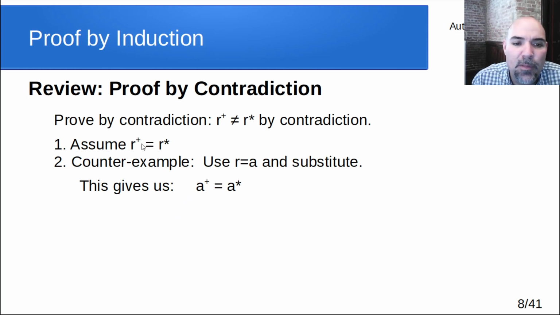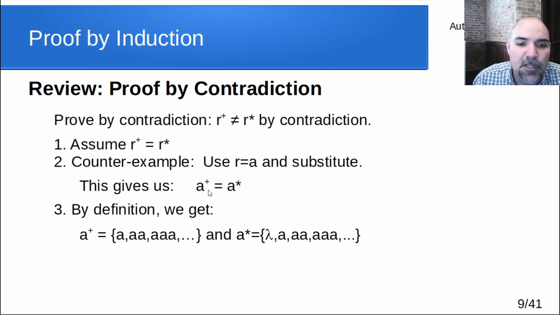So rather than R plus equal R star, we have A, which is actually a symbol from an alphabet, A plus equal to A star. And by definition of the positive closure and the Kleene closure, we end up with A plus being that, A star being that. So the only difference is the lambda in the star, no lambda in the A plus.